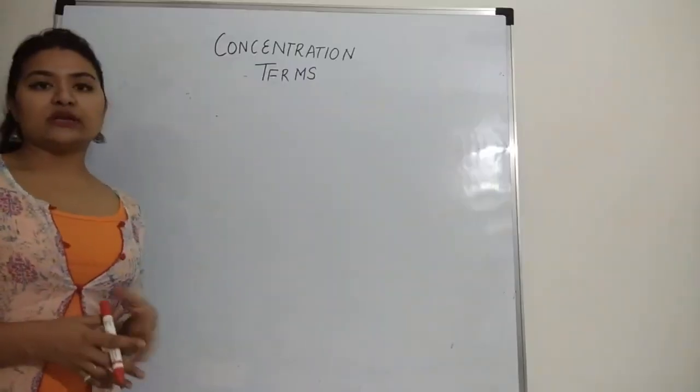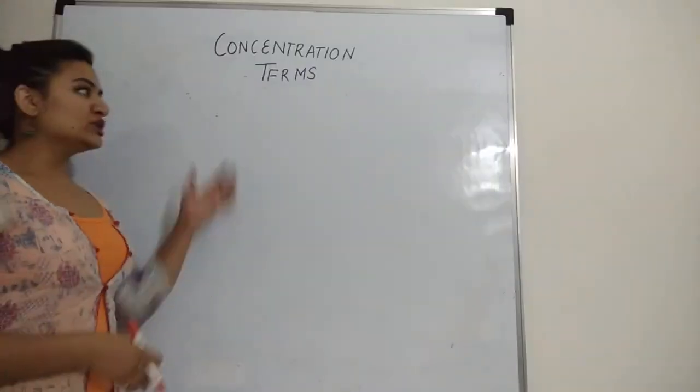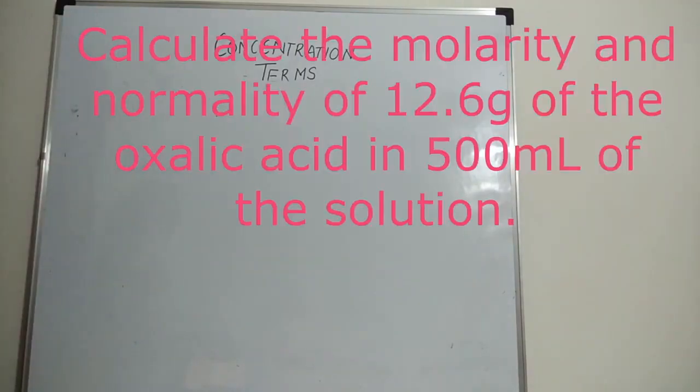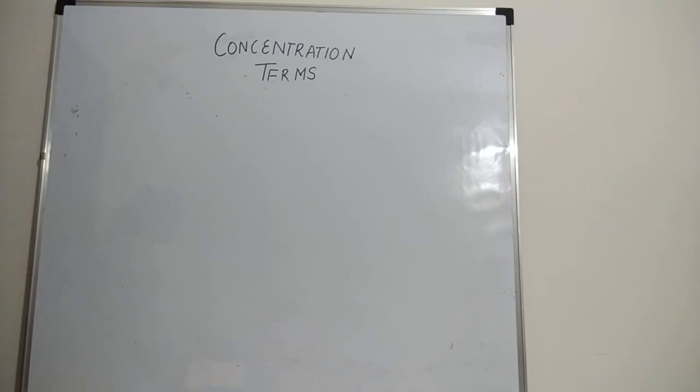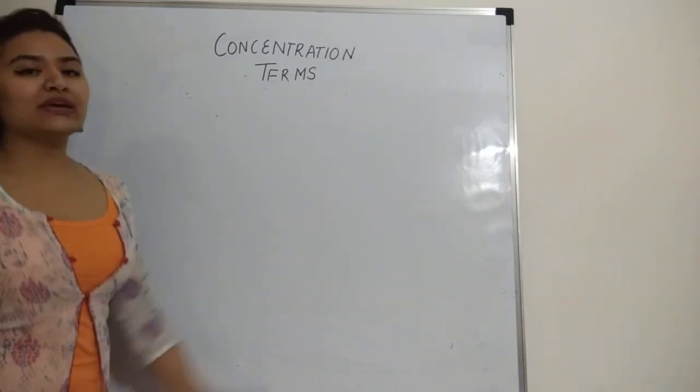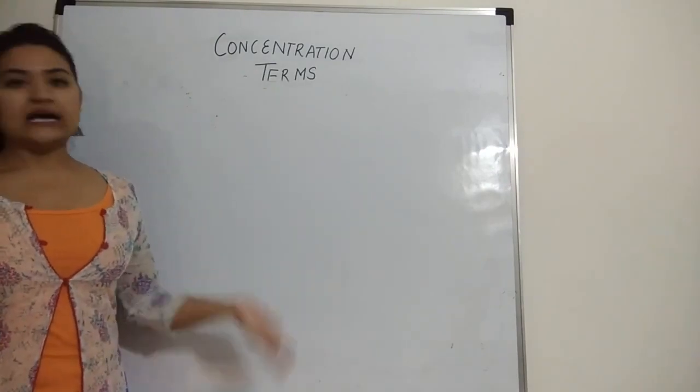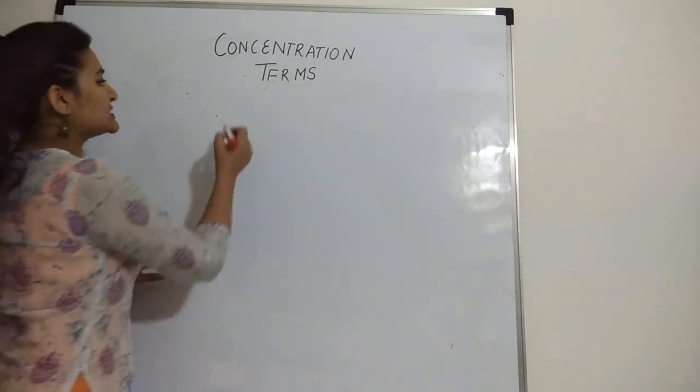Now let's do a numerical based on normality. So here's the question. Calculate the molarity and normality of 12.6 gram of the acid in 500 ml of the solution. Now firstly what we can do is find out the molar mass of the acid. Here you are given oxalic acid.